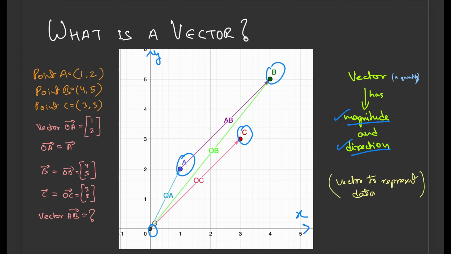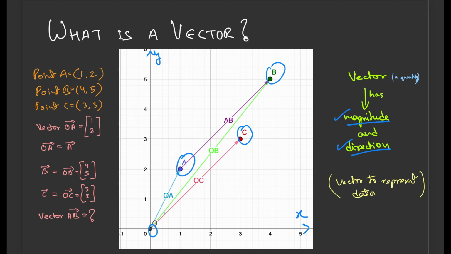The coordinate for point A is 1, 2. The coordinate for point B is 4, 5, and the coordinate for point C is 3, 3. You can see it in the graph as well. When you connect two points with an arrow, you get a vector. So these arrows are vectors.